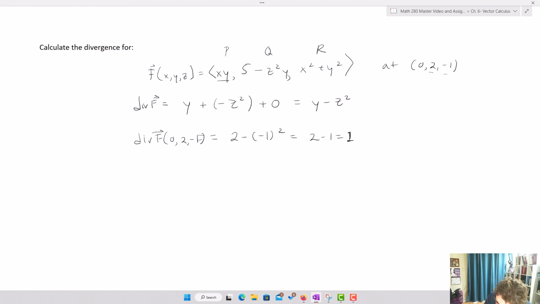Couple things to notice here. Notice that the divergence for this vector field is actually variable. It depends upon where we're finding our divergence, and that'll tell us what it is at each and every point. It's not the same for every piece. Okay? But once we actually select a point, we can find that value just by plugging it into the divergence equation.